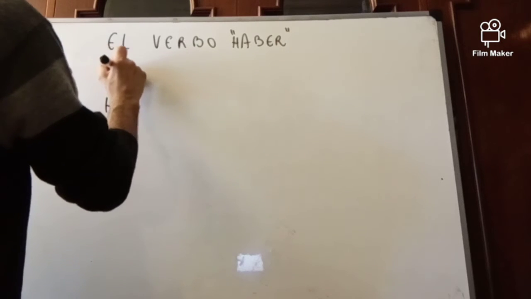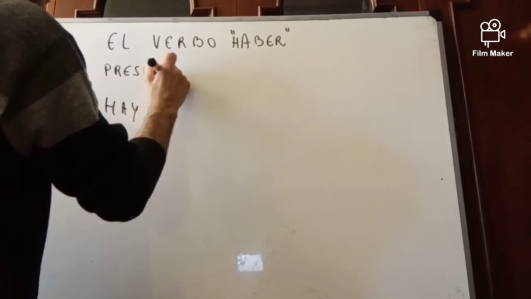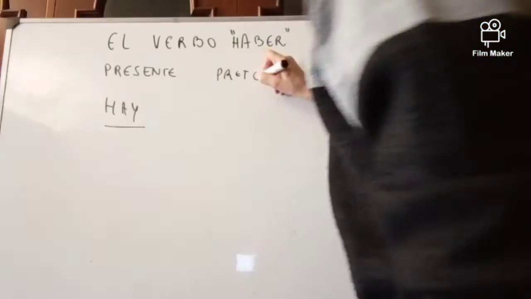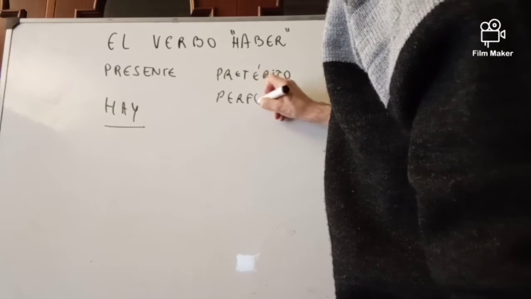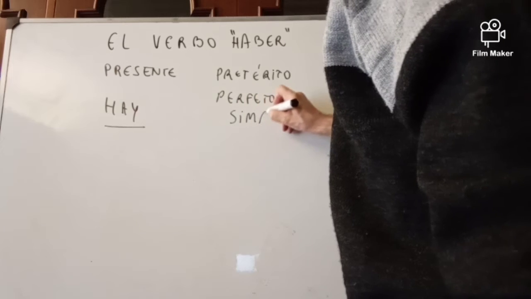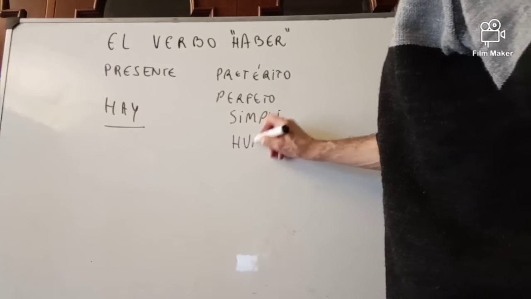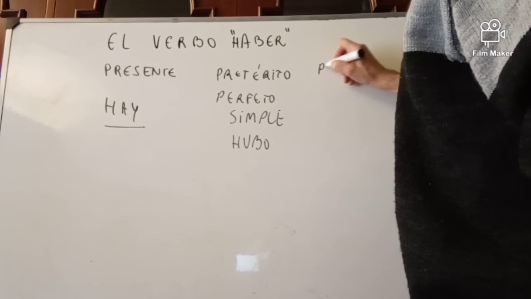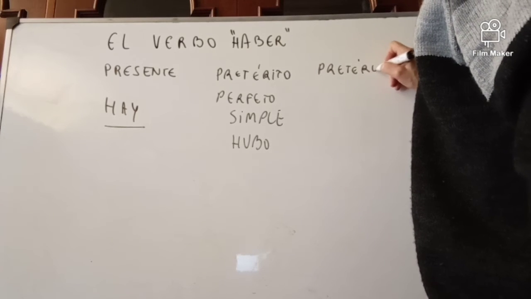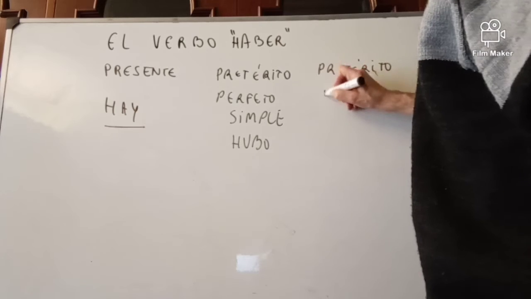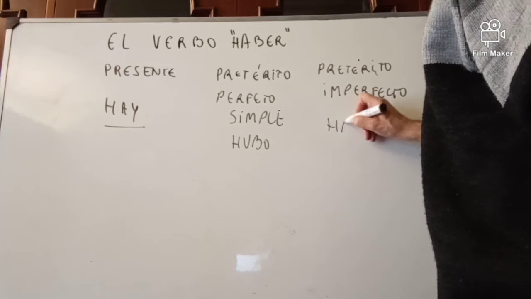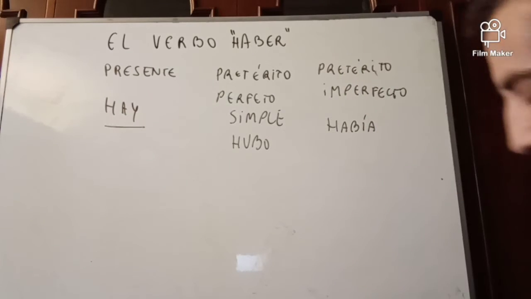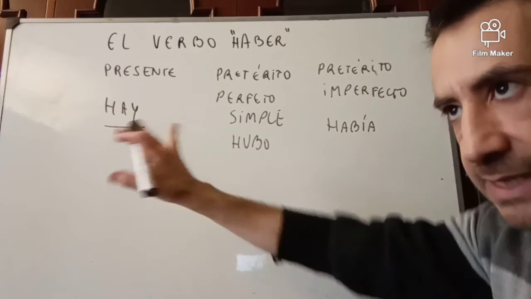In the present, presente, hay. In the past, if you remember the last video, Pretérito Perfecto Simple, hubo, and Pretérito Imperfecto, había. For now, let's stop in these three tenses.